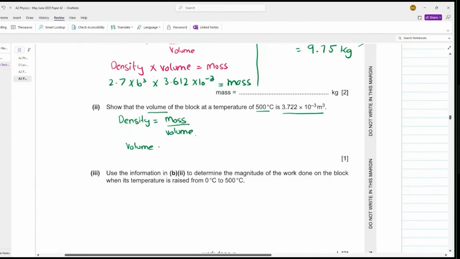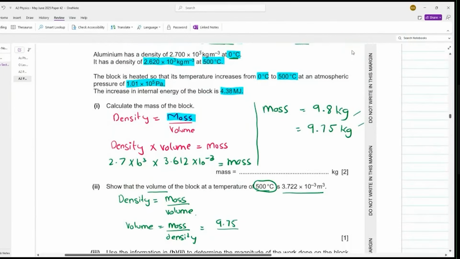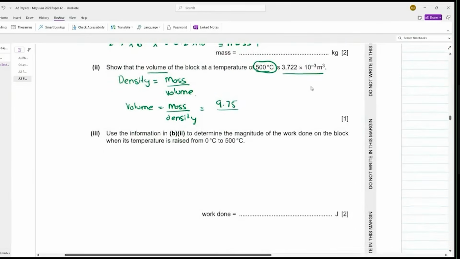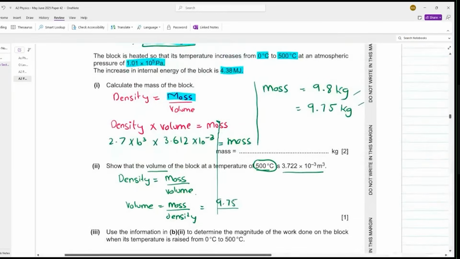Volume is equals to mass over density. क्या आपने मास ऑलरेडी निकाल लिया? Yes, 9.75. Now here is the catch. बेटा आपने वॉल्यूम निकालना है at 500 degree centigrade. So you will take the density at 500 degree centigrade as well. That is 2.62, 10 raised to the power of 3. Divide कर दो.